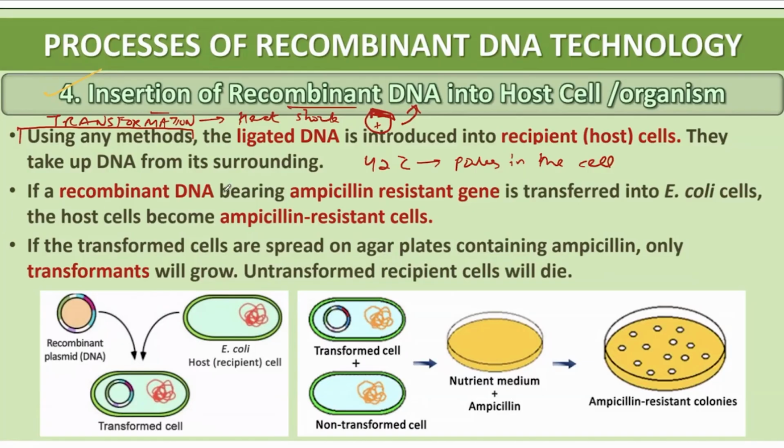Now, if the recombinant DNA bearing an ampicillin resistant gene is transferred into E. coli cells, the host cells become resistant. One thing you should remember, as I have already taught you, is that we use competent cells. The name of the competent cells that we use is DH5 alpha, and in this DH5 alpha clone genome, there is no resistance.